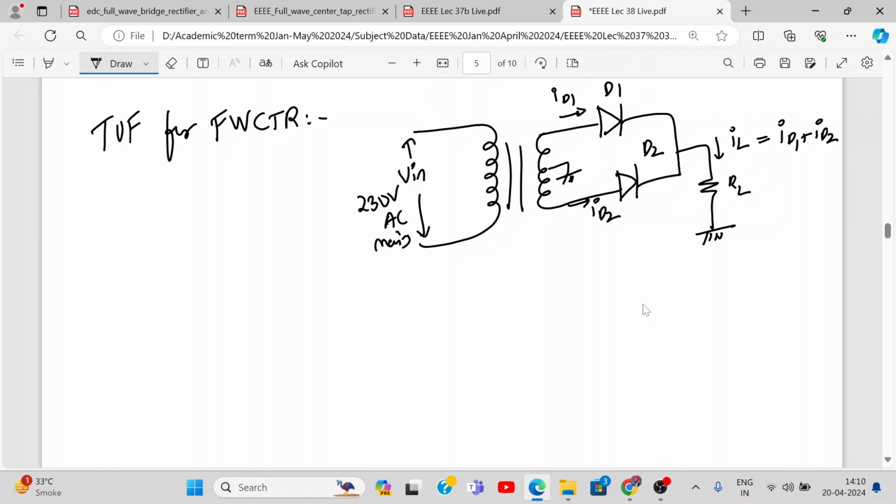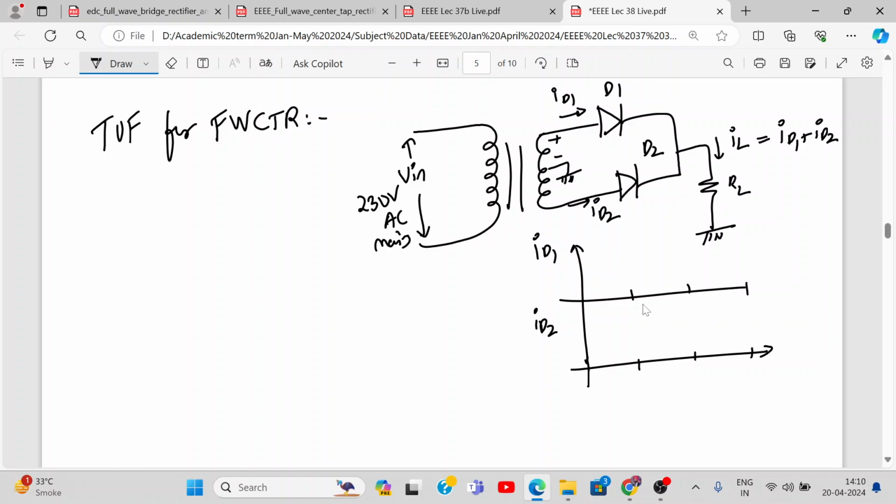If diode 1 is off, ID1 will be 0. But these are the currents which flow through the secondary of the transformer. Yes or no? This is the secondary of the transformer, and we are finding TUF rating, so we require secondary current. If I plot two currents here, ID1 and ID2, can you help me out in drawing how it will be?